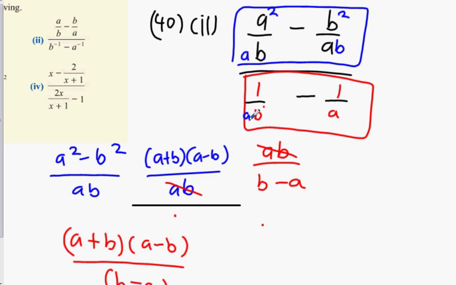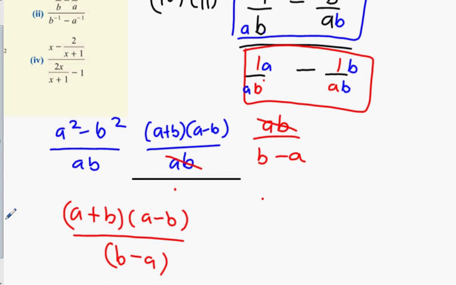A on the bottom, A on top, B on the bottom, B on top. So actually it would have been A over B, and then the bottom is A minus B. So that's why the two of them actually cancelled that way. Sorry about that, guys. So that's where my double checking failed me. I didn't double check did I take it down properly, and look at all the hassle it cost me.